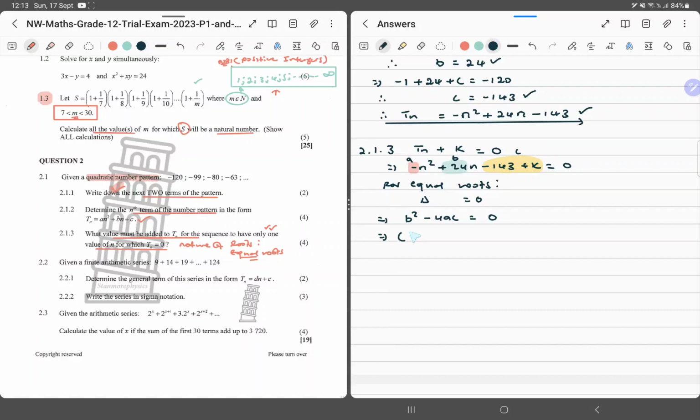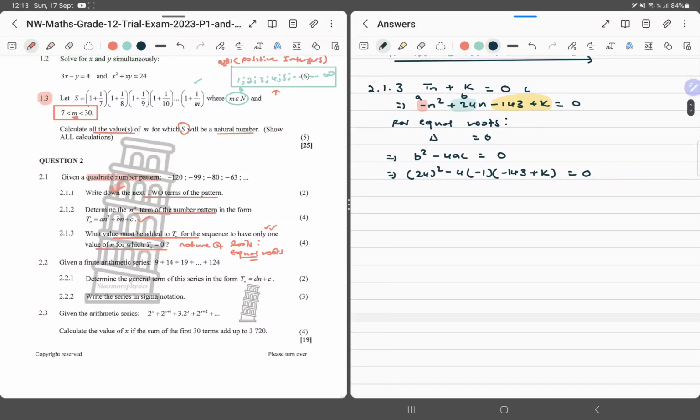So now when we substitute here, we're going to have 24 squared minus 4 into minus 1 into minus 143 plus k equal to 0. This implies, now what is that? 24 squared is 576. Now this is going to be minus 4 times 143, so this is minus 572.